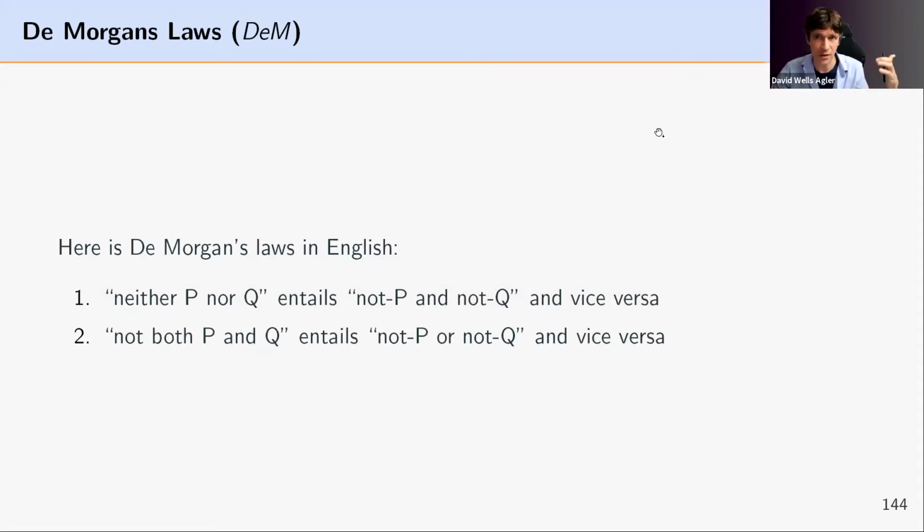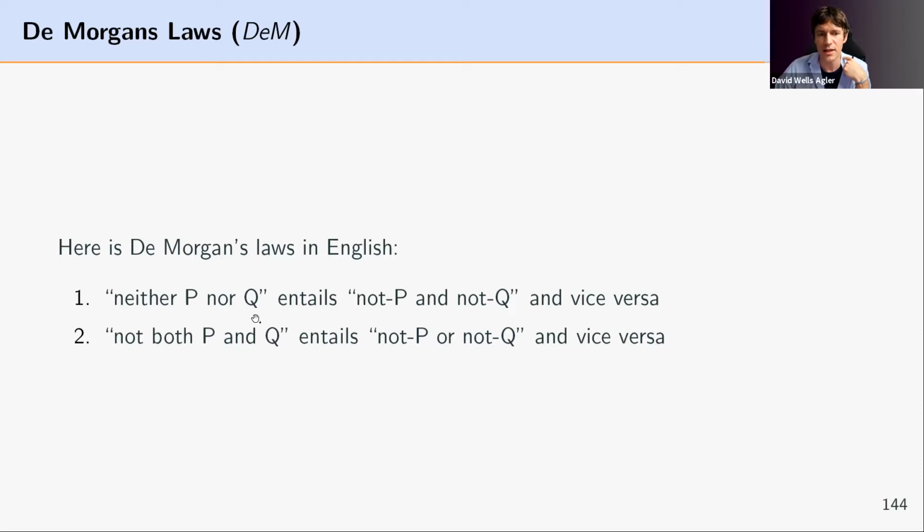So let's start with English. DeMorgan's Law says you take a formula of one type, you can swap it out with another, and vice versa. And there's something similar that goes on in English, that people can sometimes say the same thing in two different ways, and you have these equivalent expressions in English.